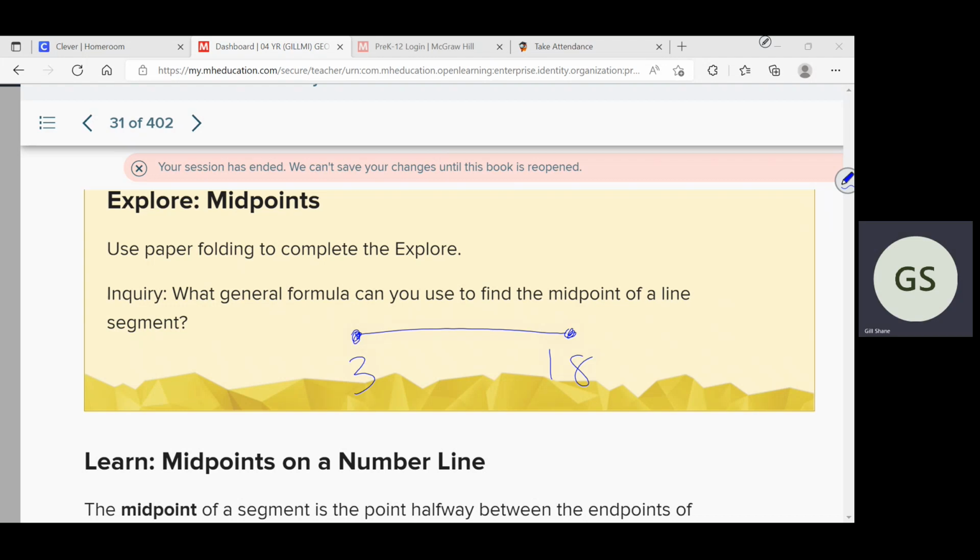So there, I take that right 18, I subtract 3. What's that give me? 15. What does that mean? That's the length of the whole line.